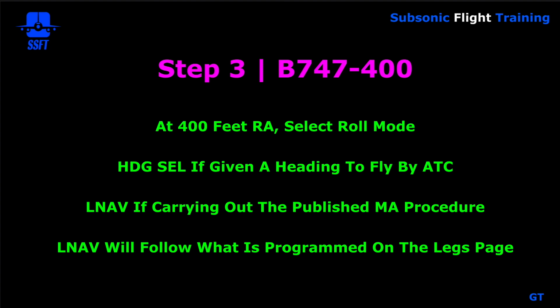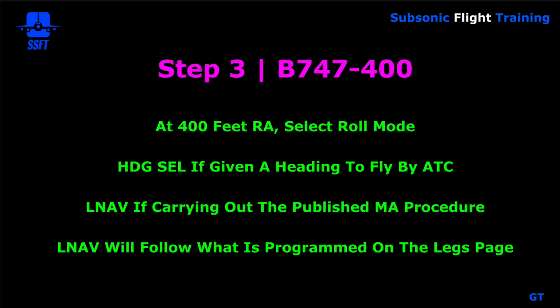So if it were an inadvertent go around, for example, and ATC says fly runway heading, maintain 5,000, then we would push TOGA, flaps 20, positive rate, gear up, and then at 400 feet we would go to heading select, because we've been given a heading by ATC. Of course, we would make sure the heading is set and then go to heading select to make sure the airplane doesn't turn one direction or another.